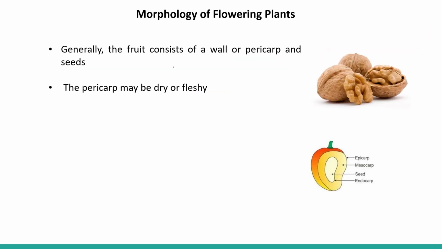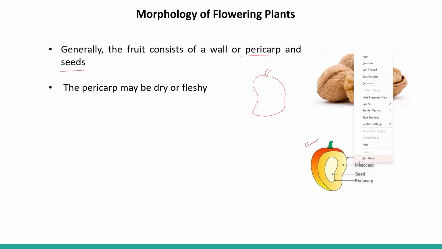Generally, the fruit consists of a wall or pericarp and seeds. Suppose I am drawing a mango. The outermost layer is the epicarp.